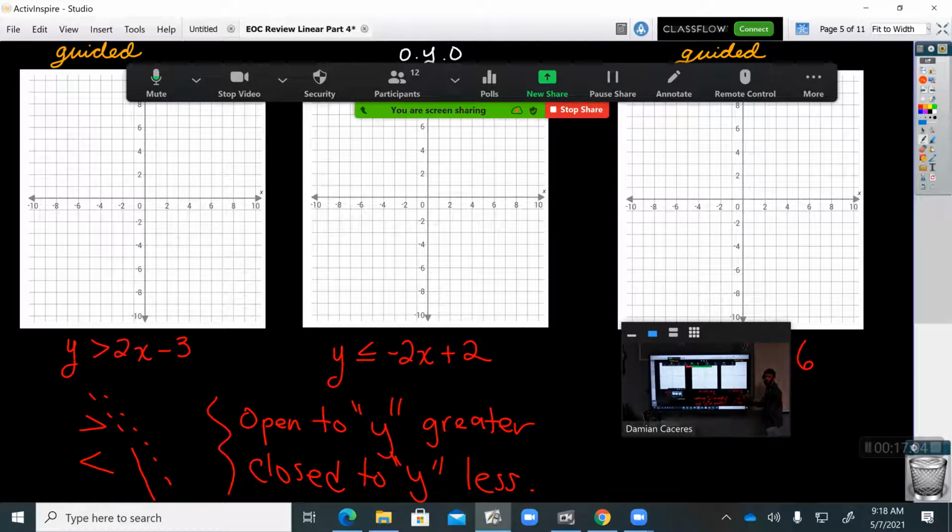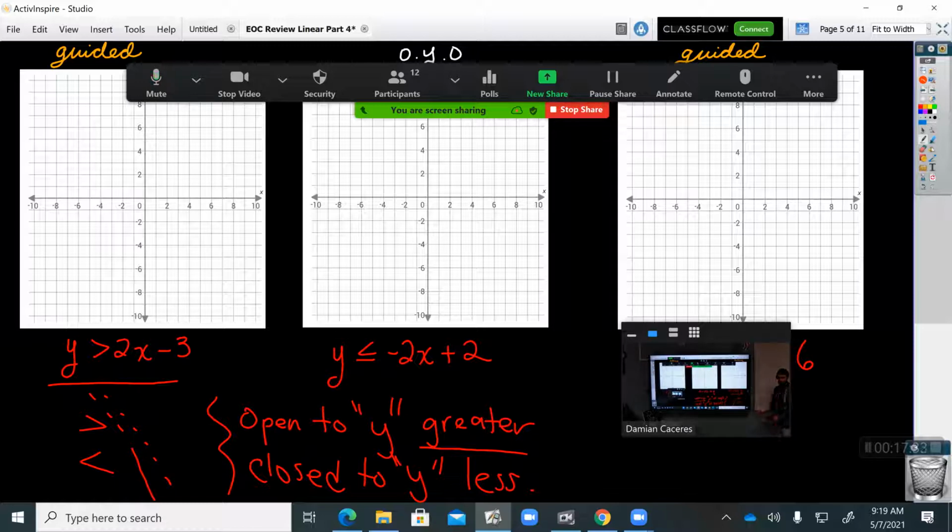That other way doesn't work once you pass elementary school. You have to see how it faces the variable in question, which in this case is y. So is this open or closed to the y? Open. That means that we're going to shade above because this is greater. So you shade above. If it's less than, you shade below.